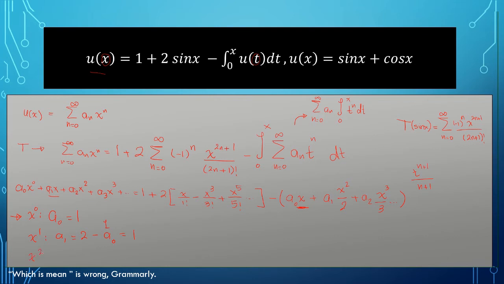For x raised to 2, we have a2 equal to, let's see if there is x squared in the right hand side. Yes, there is. We have minus a1 over 2, so we write minus a1 over 2. a1 is 1, so minus 1 over 2.